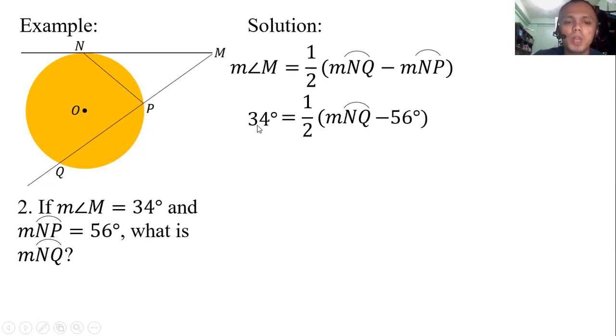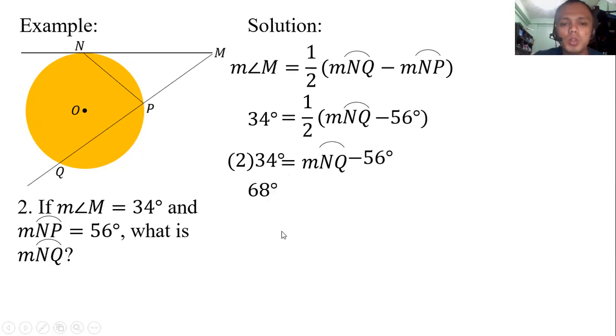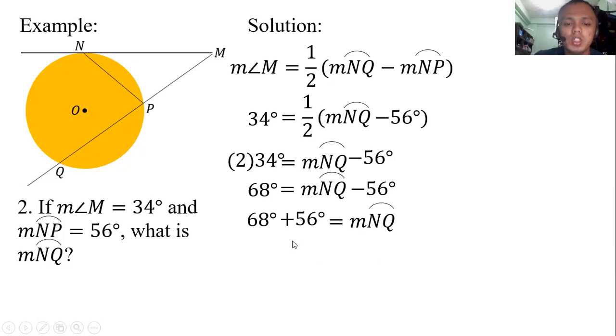Multiply 34 degrees by 2. 2 times 34 is equal to 68. Then the measure of arc NQ minus 56. Then transpose 56 to the other side, so we have 68 plus 56, because it is negative. 68 plus 56 is equal to 124 degrees for the measure of arc NQ.